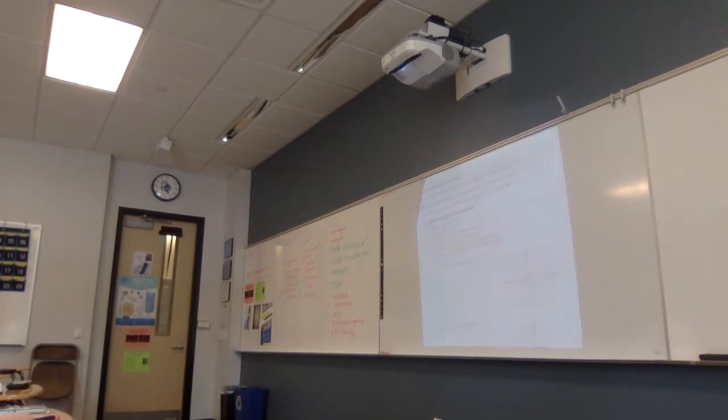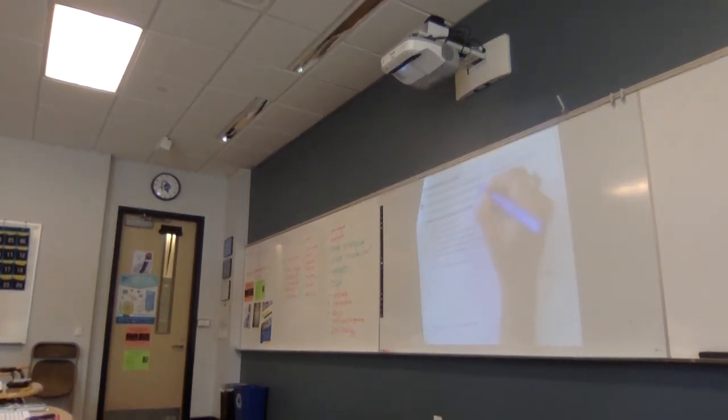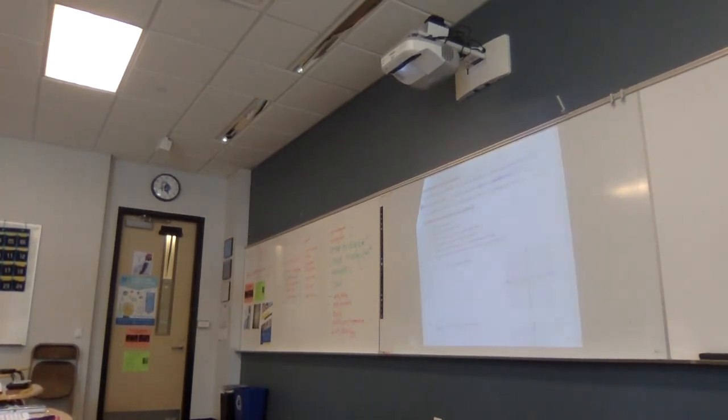If I have a less than or a greater than, my boundary line is going to be dotted or dashed. If I have a less than or equal to, or greater than or equal to, my boundary line is going to be solid.